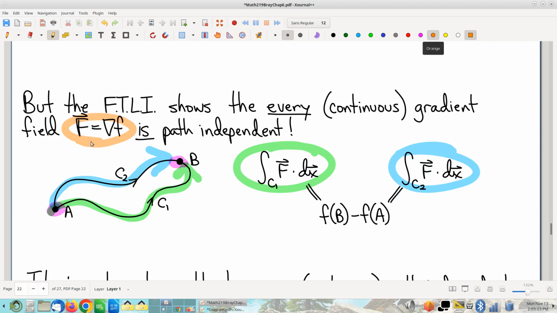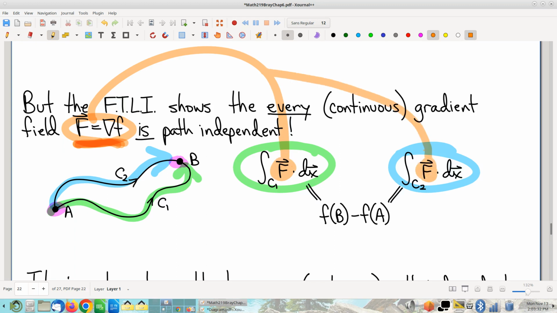Conveniently, because the vector field is a gradient, I can use the fundamental theorem of line integrals. It says, either one of these integrals you want to compute, let's take the green one just to start. This is not just a random line integral. This is a line integral of a gradient. And the line integral of a gradient can be computed by looking at the endpoints: f of b minus f of a.